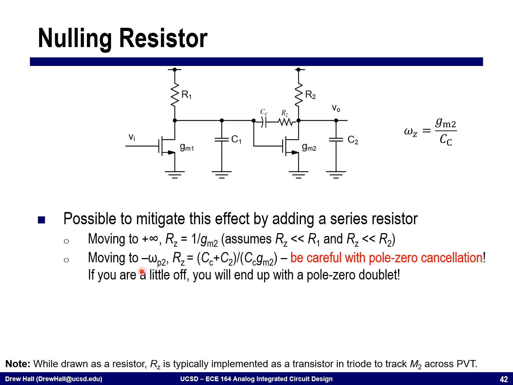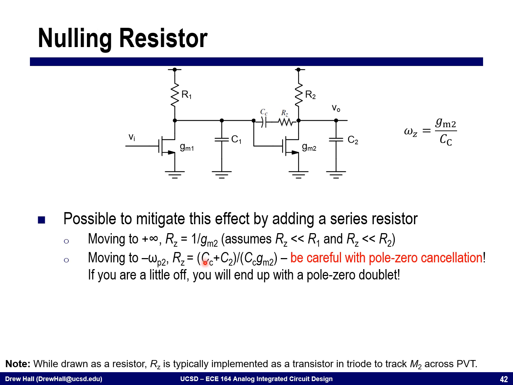However, the risk here is that you end up with a very nasty pole zero doublet, and this doublet is exactly what I started off describing. If you miscalculate or you're not quite right on getting this pole, or excuse me, the zero position properly, you can miss canceling the zero, and then you can end up with very, very long settling time.